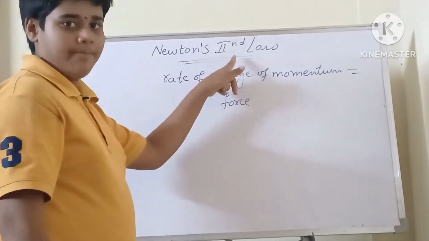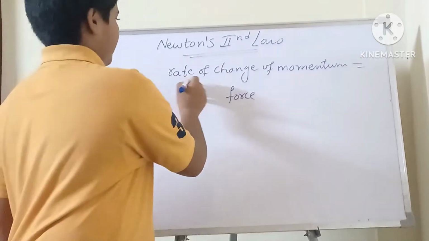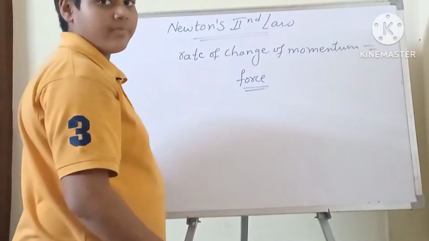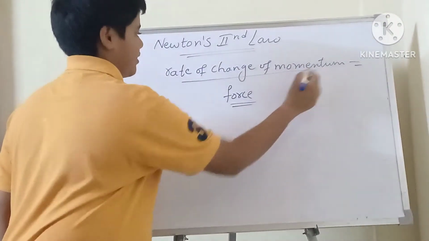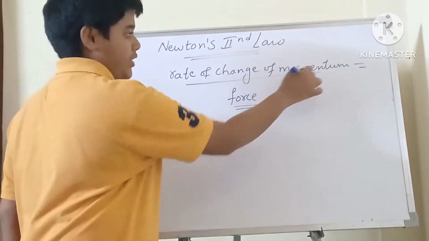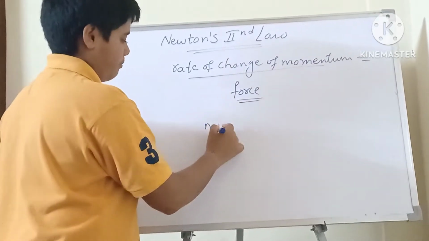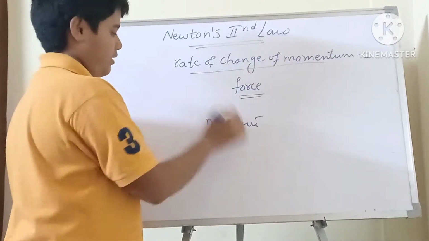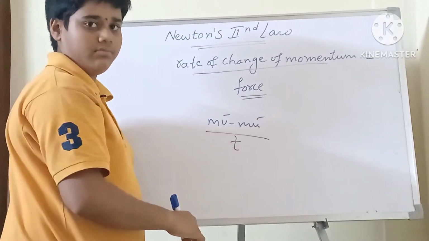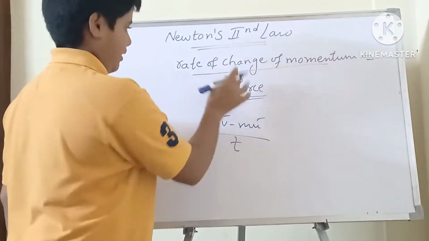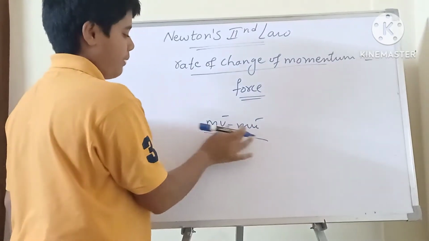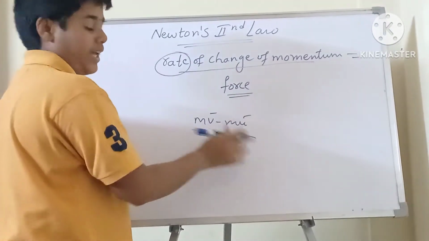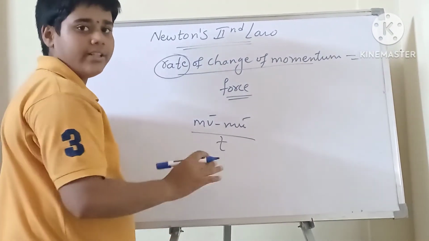In this second law, it states that rate of change of momentum is equal to force, which means change of momentum, mv bar minus mu bar, divided by time. Here rate means per unit time.